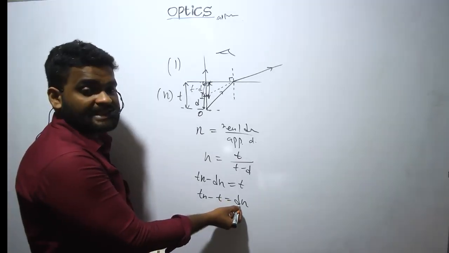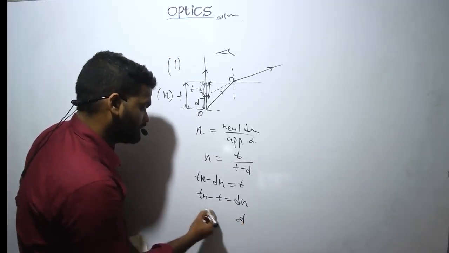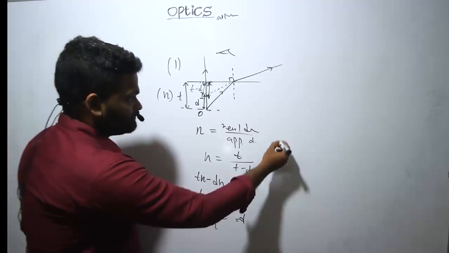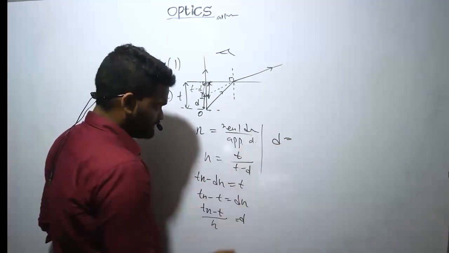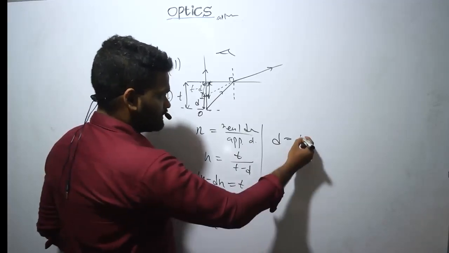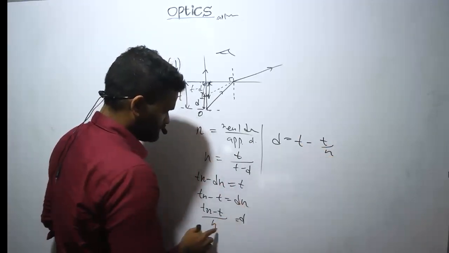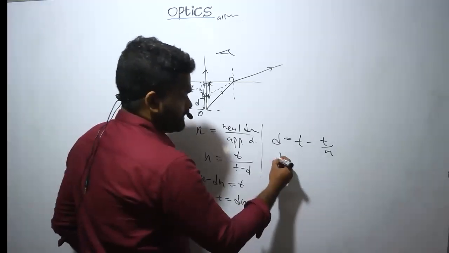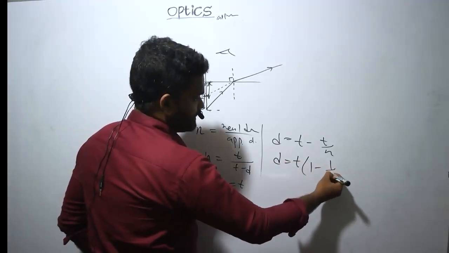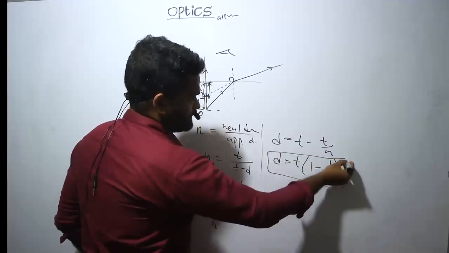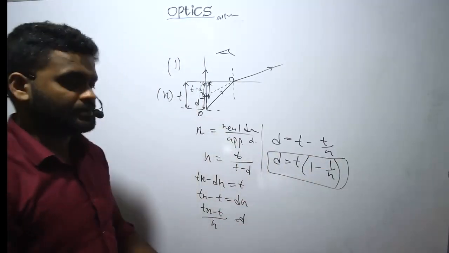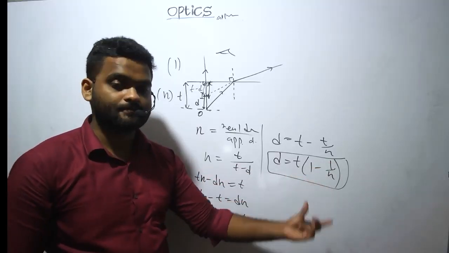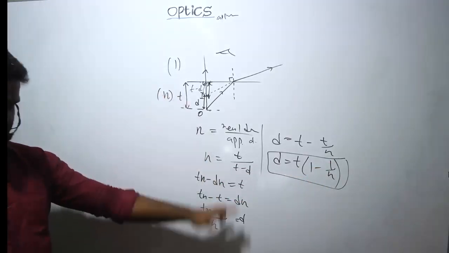I need an equation for d, so Tn minus T divided by n. So d equals T minus T divided by n. Then take T out: d equals T times 1 minus 1 over n. This equation you need to remember. Take it down.